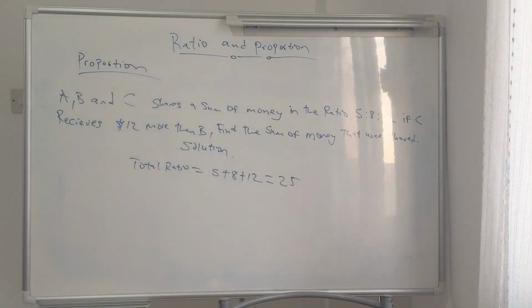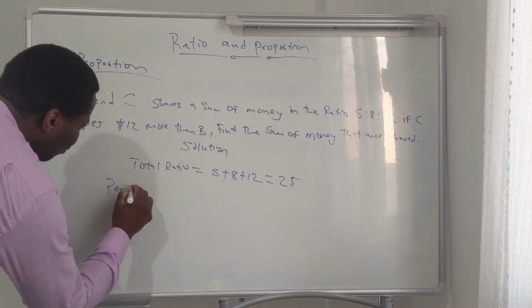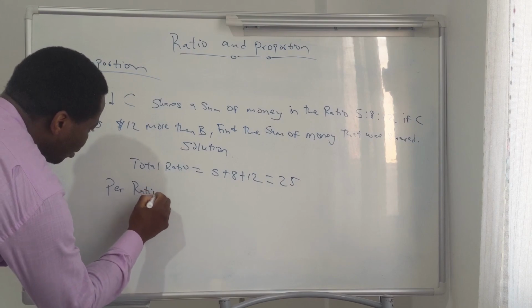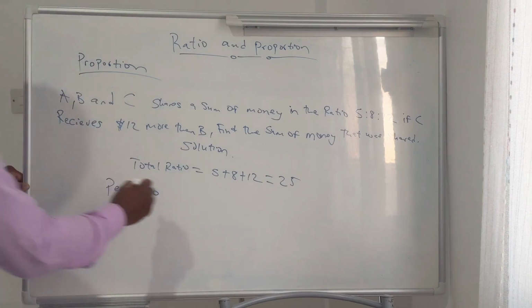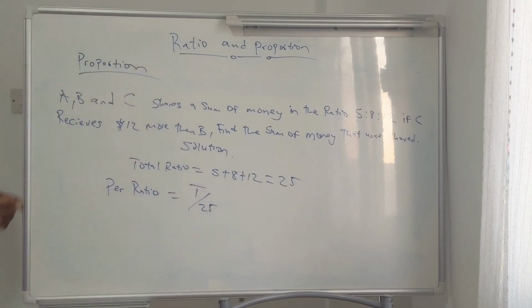That's the sum. So the amount that one person shares, per ratio, using the first method, for one ratio is equal to the total divided by 25.